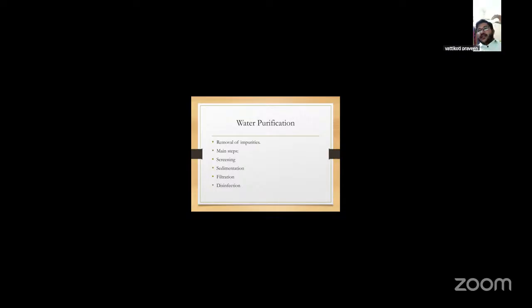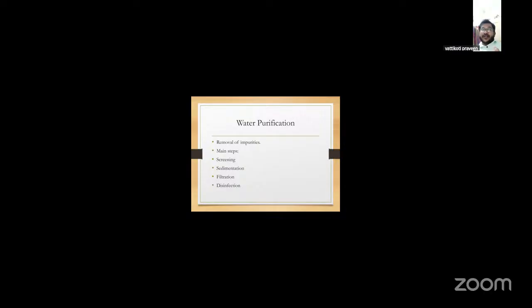The fine screens are made of corrosion resistant metal. The screen needs frequent cleaning to remove clogging materials. This is screening, the removal of large materials.